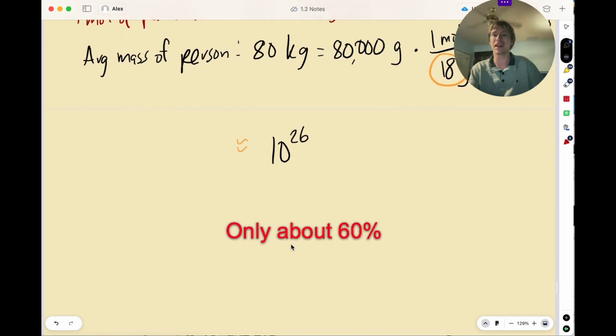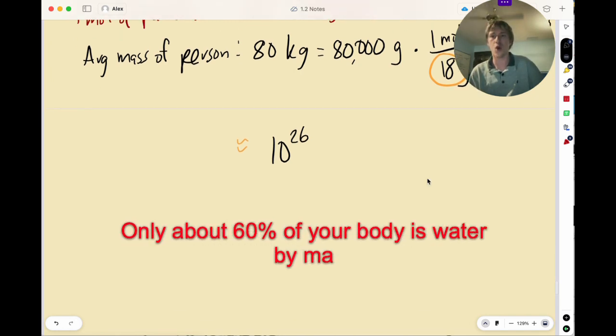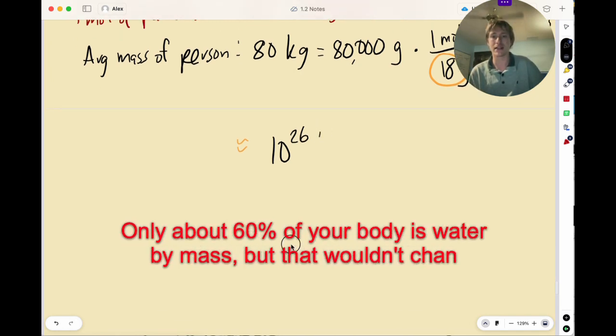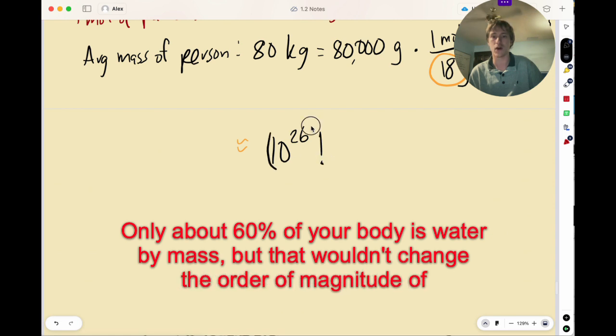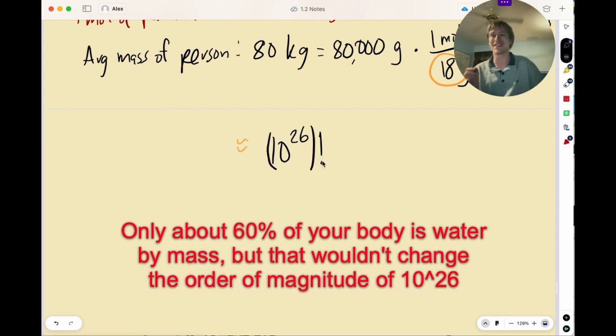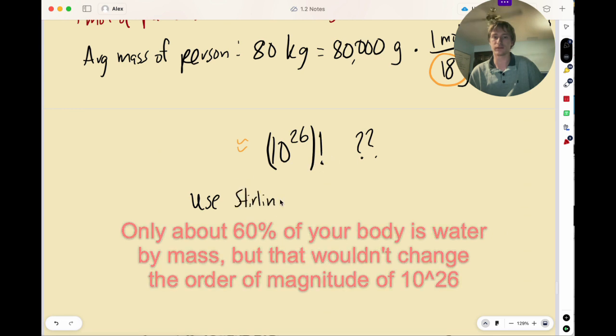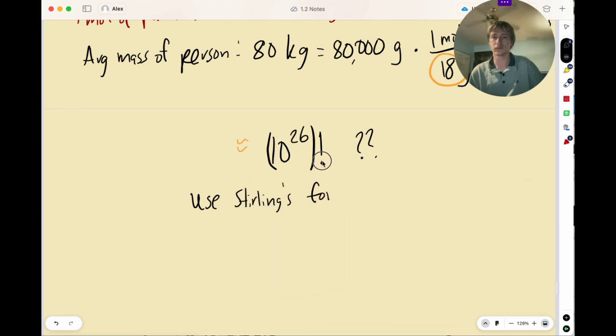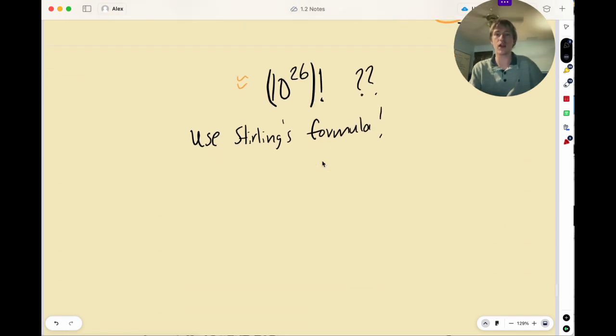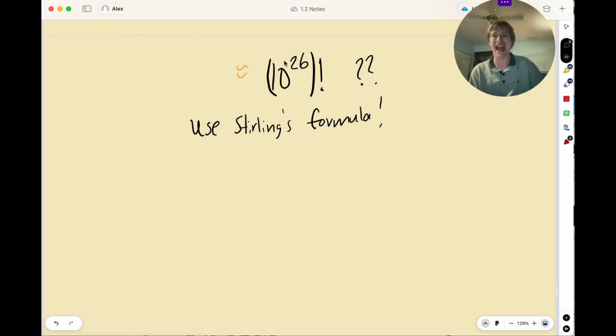Well, how many different ways can I rearrange that? Well, one useful quantity is to be able to take the factorial of 1 with 26 zeros after it. So how do I take that? Let's use Stirling's approximation. The first thing that I want to do though is take the natural log of this.